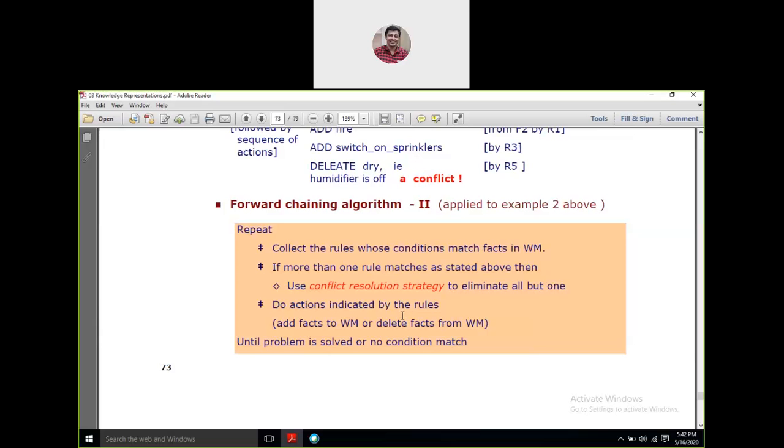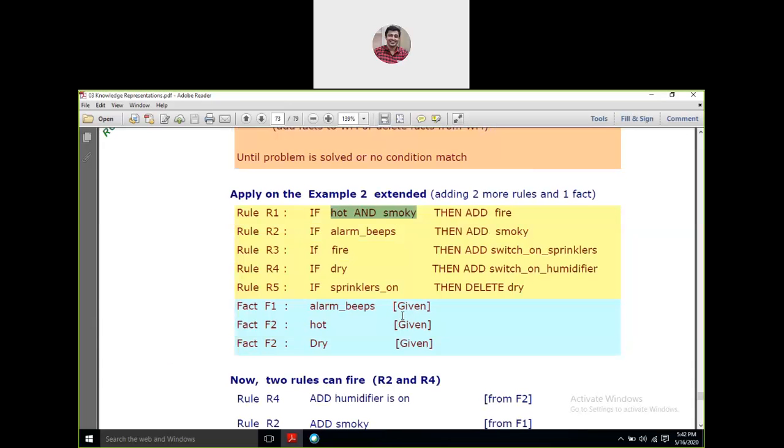Rules with fewer conditions means, see, if it is fire, then add this. If it is dry, then add this. If it is sprinklers, then delete dry. But this is a rule with more than one condition: hot and smoky, then only you can add fire here, right? So specificity, recency, and refractoriness you have to remember, right?